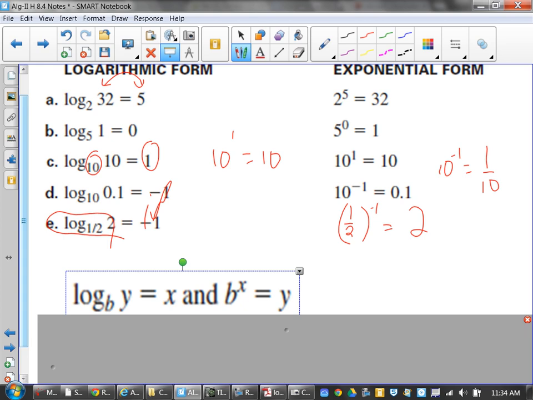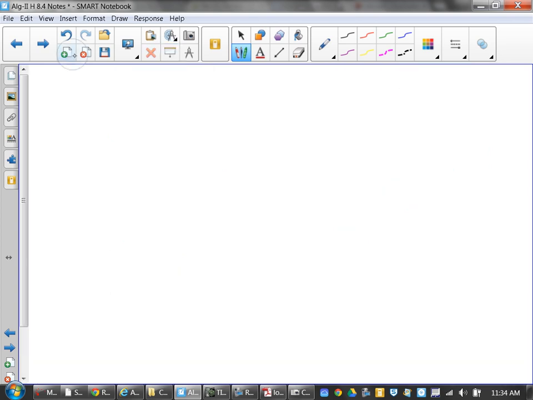If you don't see a base value next to the log, that means it's in base 10. If they wrote it out as the log of 0.01, it's implied that it's base 10. All right, is that clear? That's all that is, guys. It's just an implication of the rule. Okay?